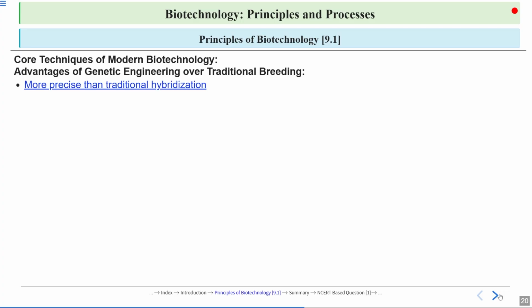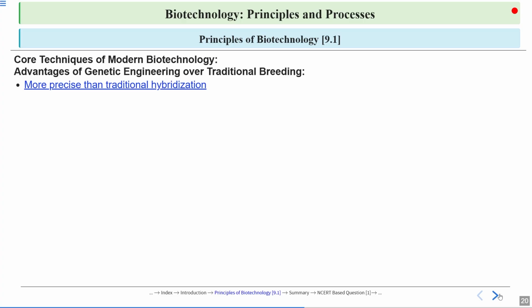So what is traditional hybridization? It is nothing but how a complementary base pair goes and binds to its complementary part. So in the traditional method, what used to happen was that not only the desired part which we needed, but also the other, unwanted part got into the product.